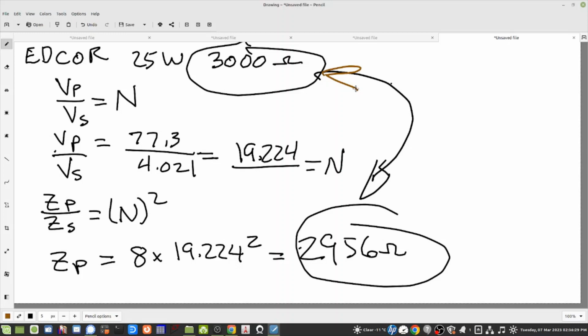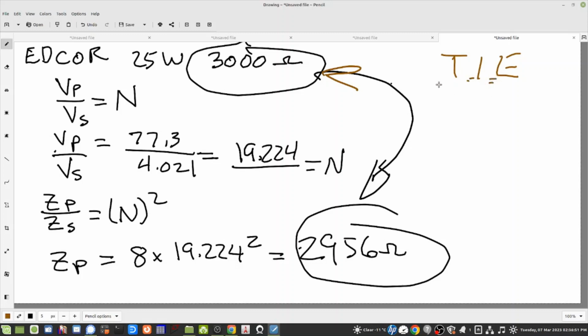The equations, of course, I'm going to repeat them up here because these are very, very important. If you know this, you have got 99% of your transformer questions answered. So the first one was the TIE formula.